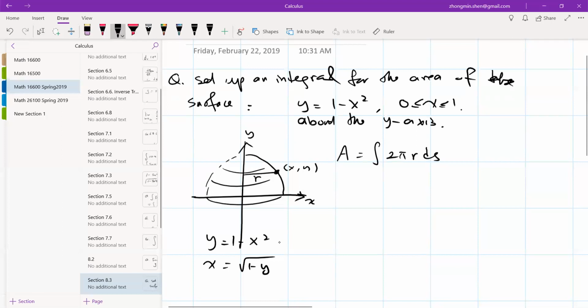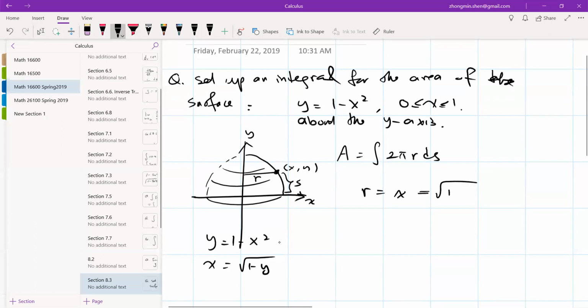So in other words, if you use the x variable, then the arc length s depends on x. But arc length also depends on the y coordinate, right? So actually, we're going to use a substitution for this function. So what is r? R is going to be x here, clear, right? For that point. It depends on which variable you're going to use. If you use the x variable, then this is enough.